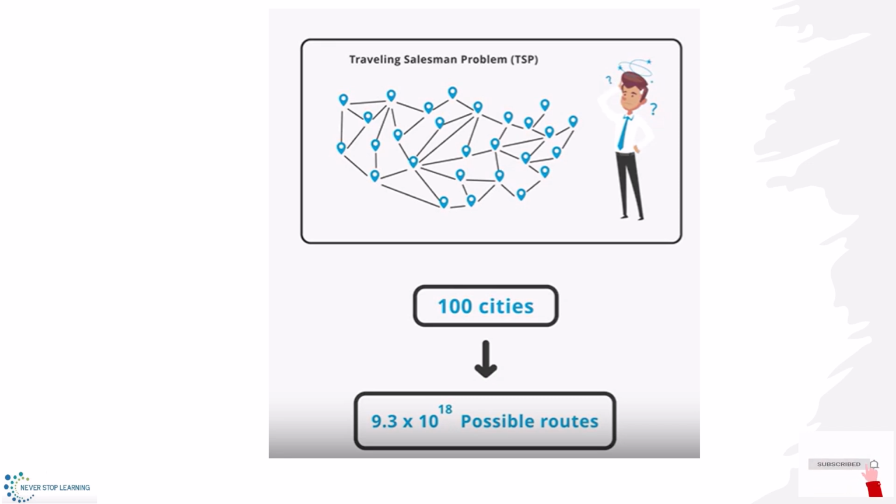For just 100 cities, there are 9.3 quintillion possible routes to evaluate, a number far beyond the reach of classical computers. A quantum computer, however, can evaluate many possible routes simultaneously, offering a faster and more efficient solution to such optimization problems.